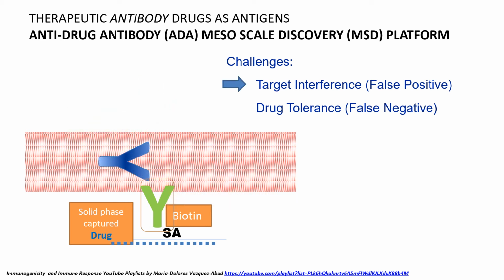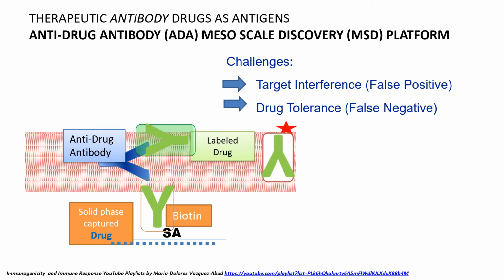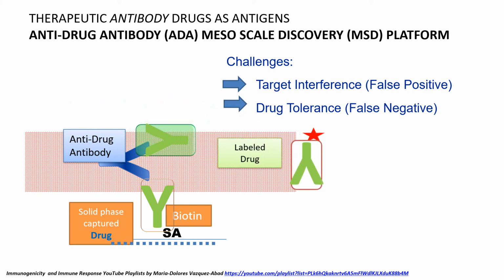And if there's a lot of drug in the blood, we could have a false negative result due to drug tolerance. And again, all of these assays are validated with pre-treatment of the serum samples that is tailored to each one of the drugs and each one of the targets that we're working on, so that we can have a better idea of true positive and true negative results.